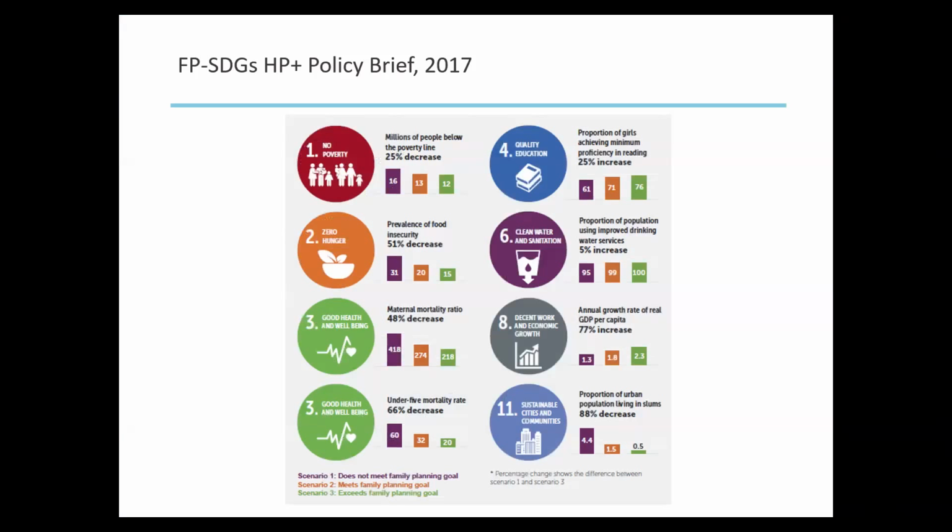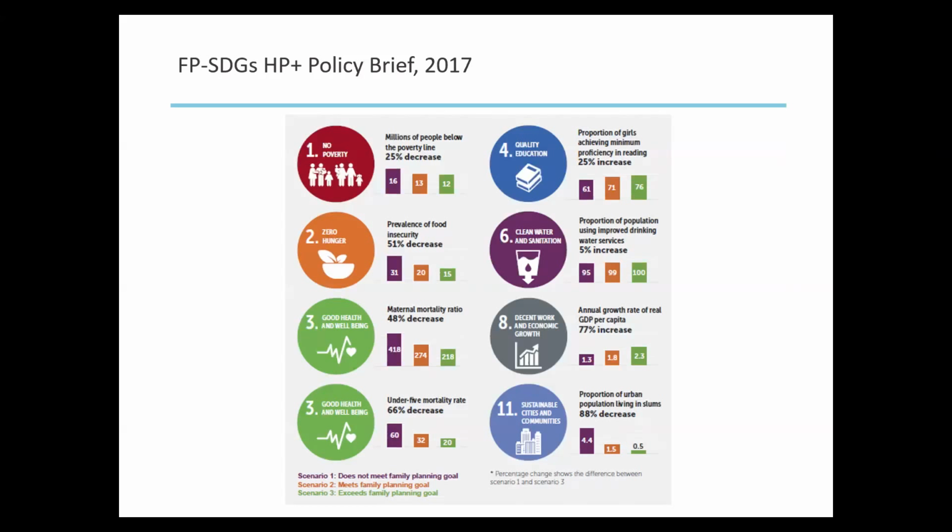This approach that's being taken now has created a model on family planning and the SDGs that looks at the impact on 13 different sustainable development goal sectors.